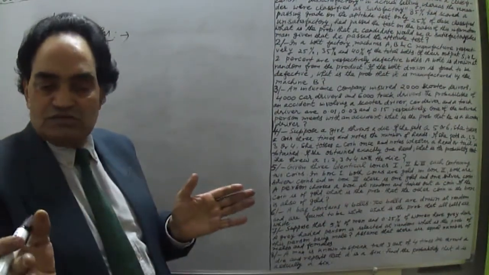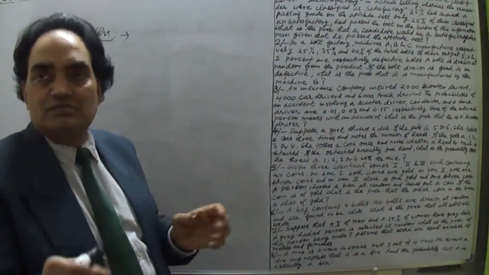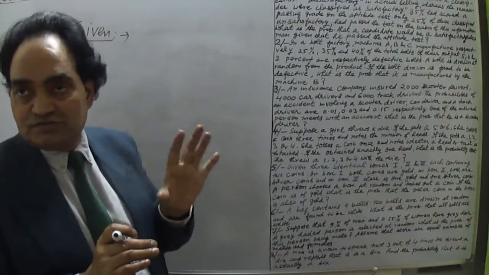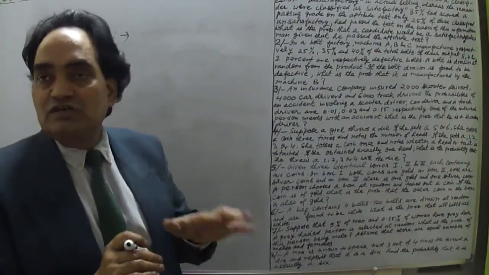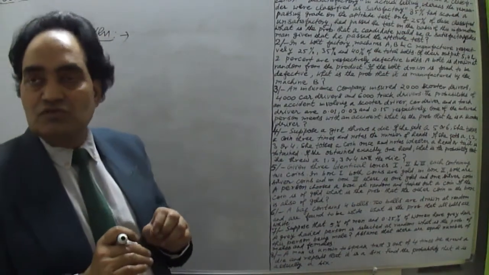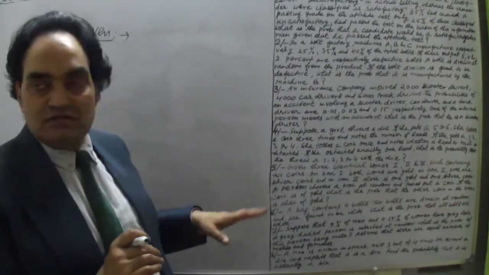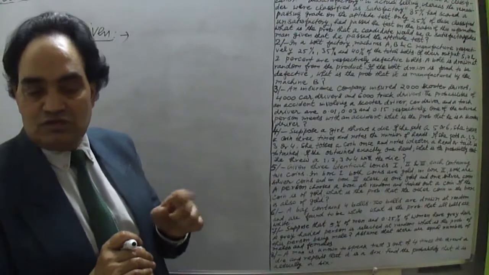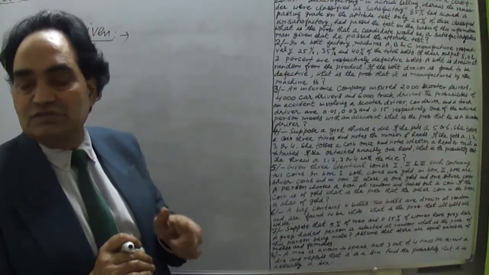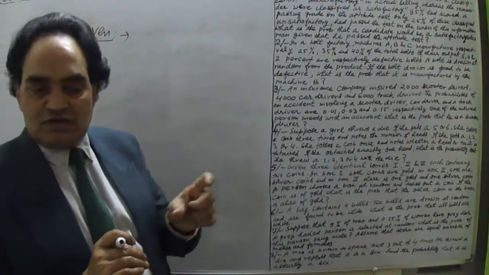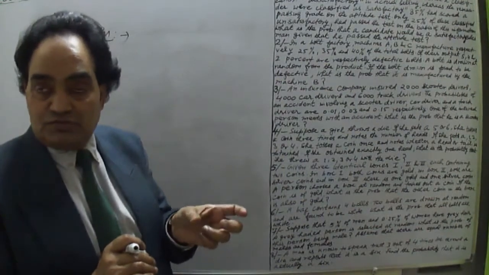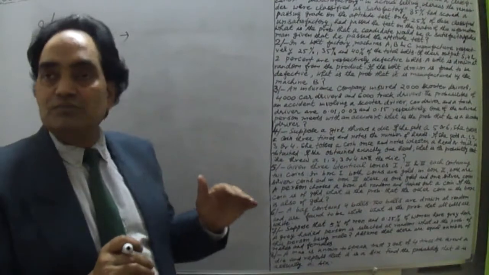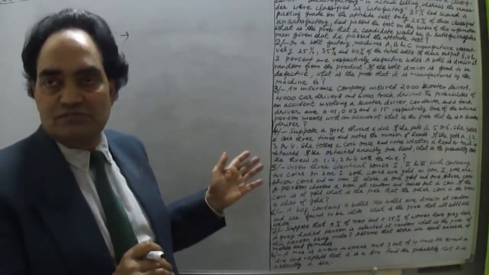Out of 6 outcomes, 6 is not appearing, so 5 upon 6 is the probability of getting numbers other than 6.